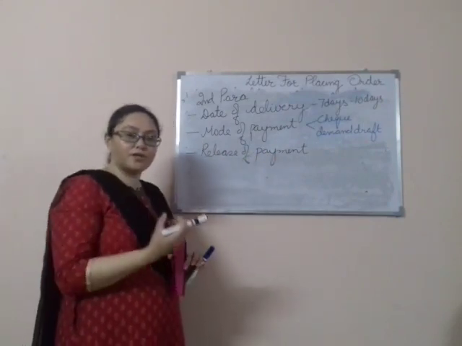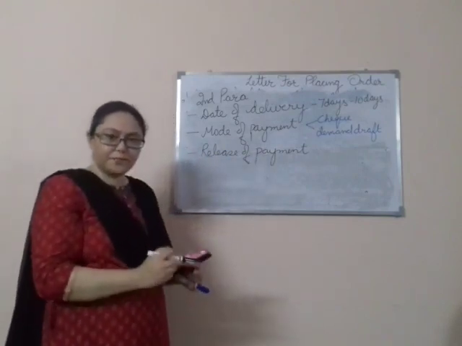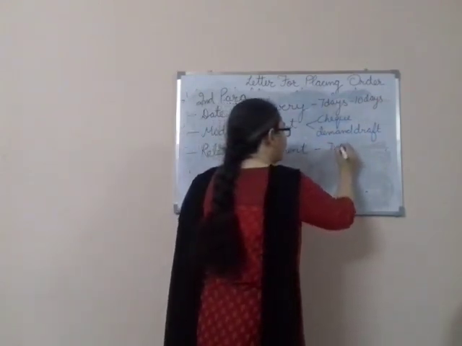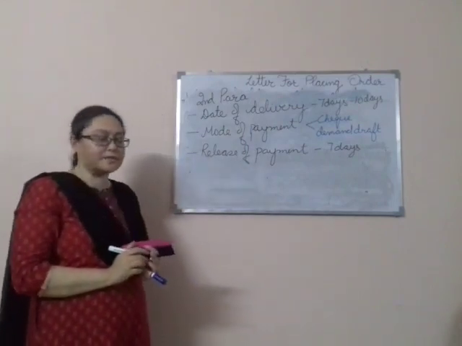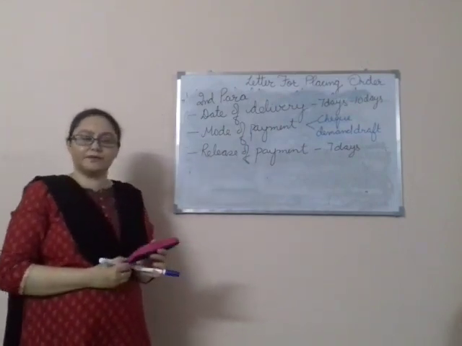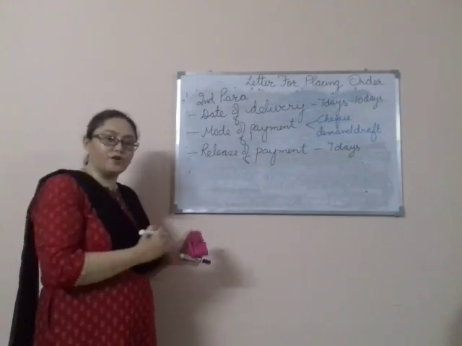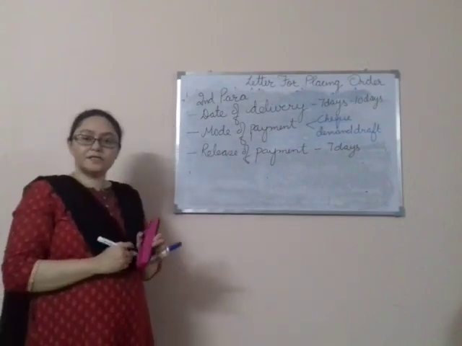You are going to give the check, but after how many days will this payment be released? Generally you can keep 7 days. You can say that the payment will be released after 7 days from the date of delivery. Now, why do we keep this release date?